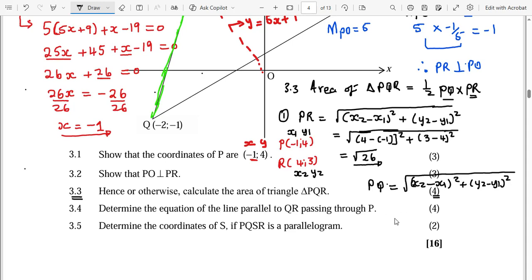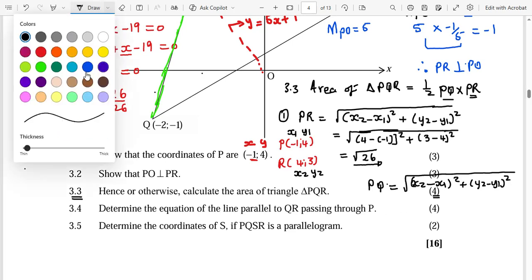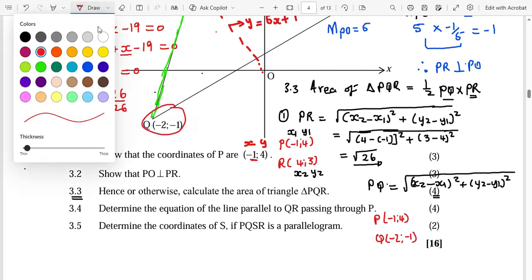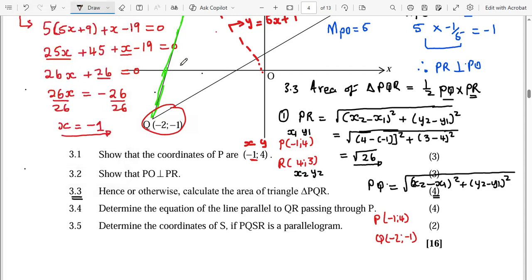I'm going to use the same method so that I don't make mistakes. The coordinates of P are minus 1 and 4, and the coordinates of Q are minus 2 and minus 1. P comes first, so this will be my x1, y1, and this will be my x2, y2.